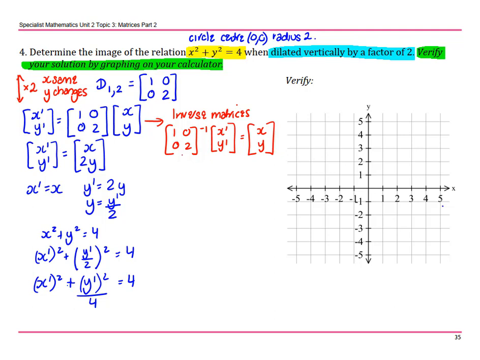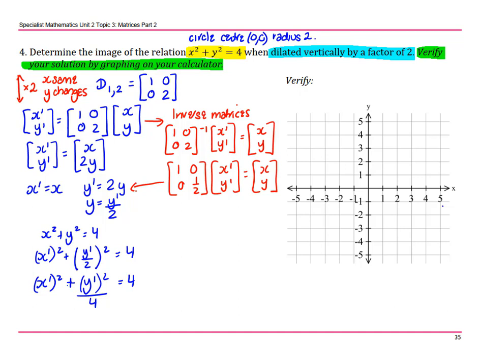This matrix all to the negative 1, so the inverse of it, is equal to [1,0;0,1/2] times by your image, your x, y, and then you end up back at that point there. It's longer if you are tech-free, if you're not using your calculator to find the inverse.